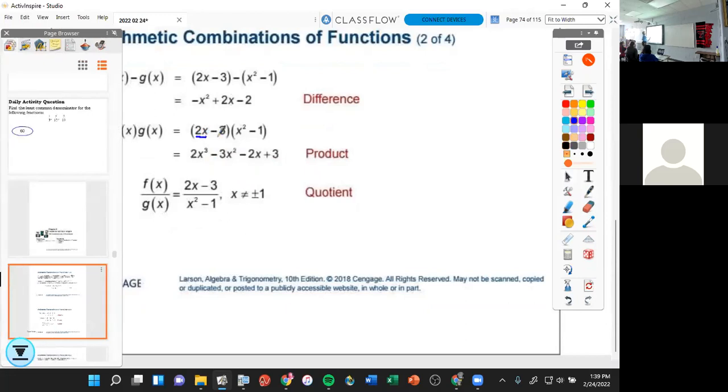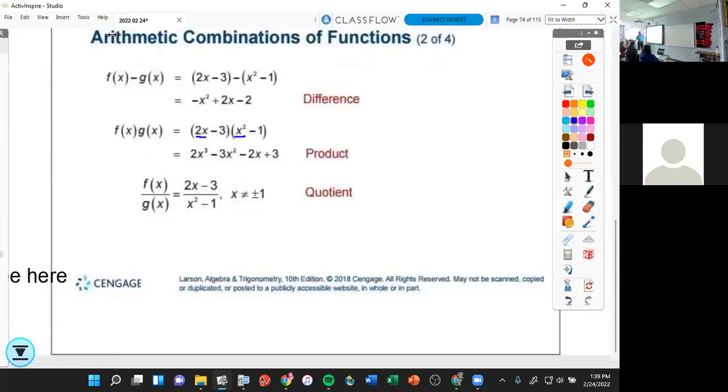So first times first, 2x times x squared is 2x cubed. That's first times first. If we're foiling this, next would be outside times outside, right? Outside times outside would be 2x times negative 1, which is, they wrote it down here.